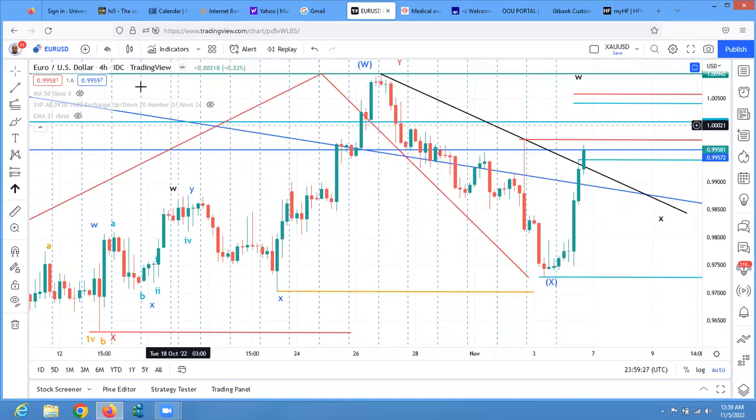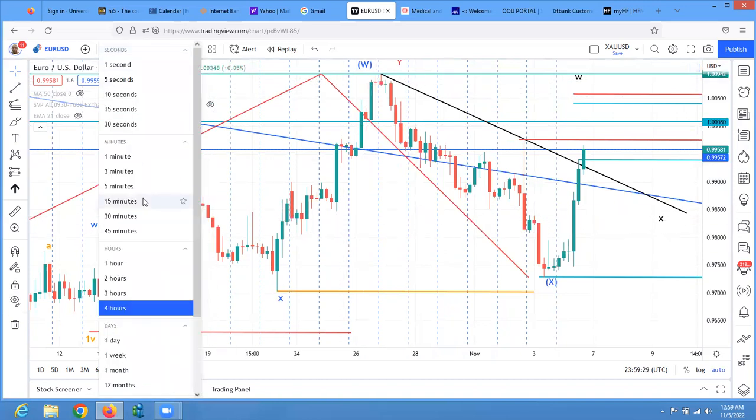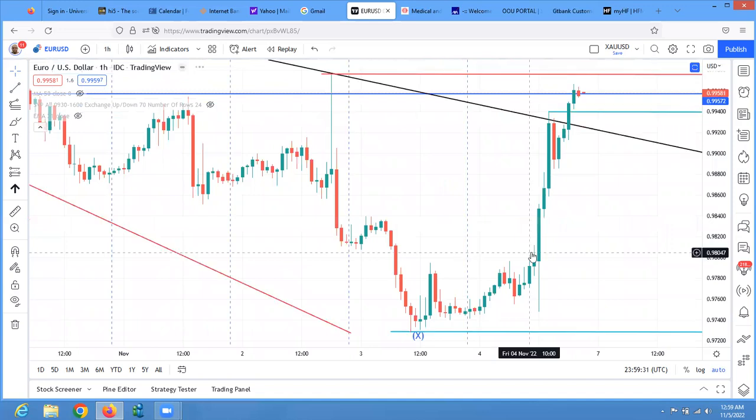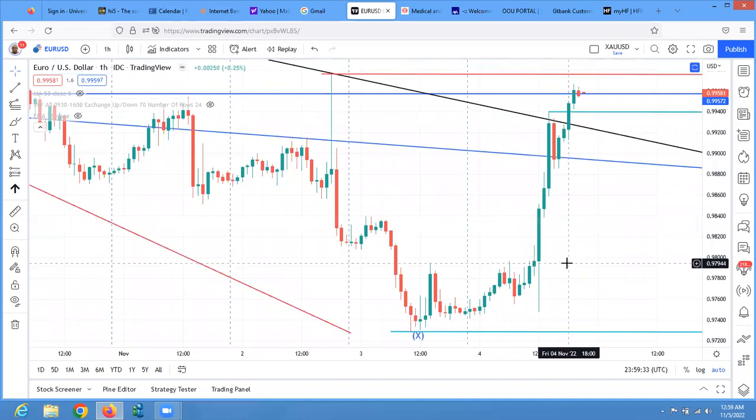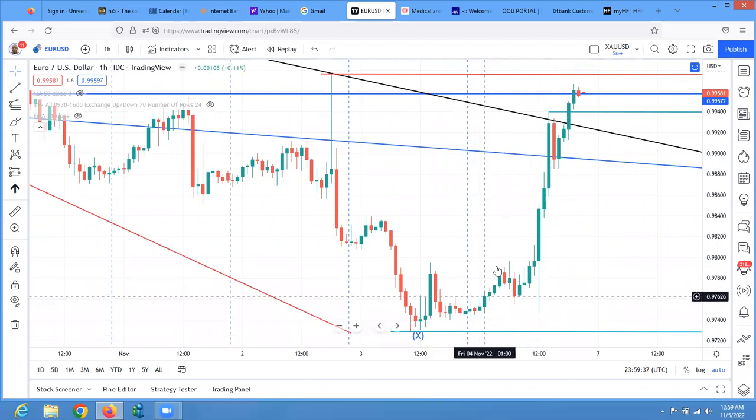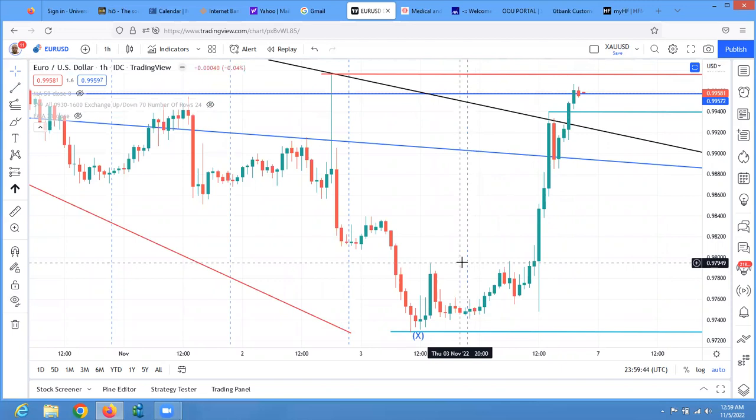So let's look at the 1 hour time frame and see what has happened here. Within the 1 hour time frame, there's no way you will know that this is what is going to play out. But now, looking at this, this is a 1 and this is a 2. So this is a flat in the middle.